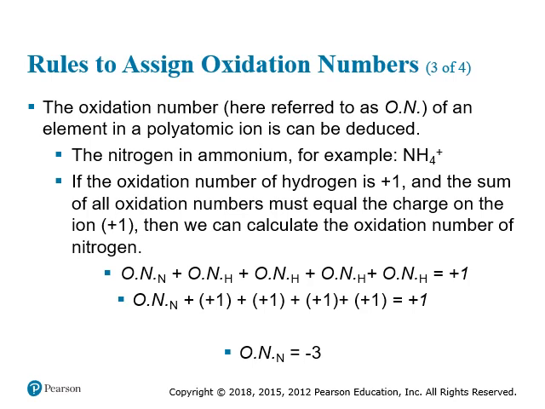Well, if each of those oxidation numbers of hydrogen is positive 1, then when we add those together and subtract 4 from both sides, we find the oxidation number of nitrogen that remains is a negative 3.